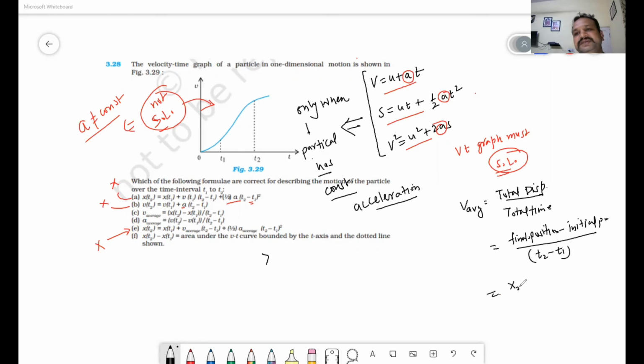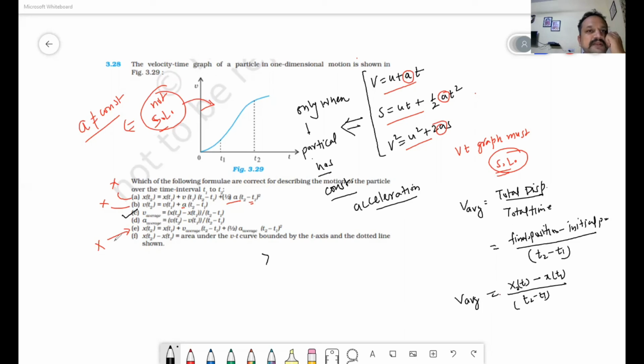Final position is x at t2, and initial is x at t1. So this expression is correct for average velocity.